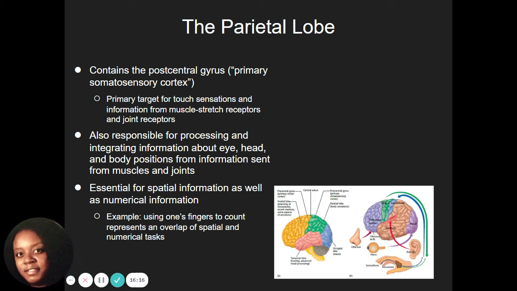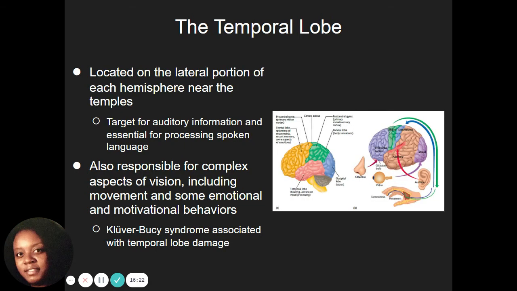It's the primary target for any type of touch sensation or muscle strength. The temporal lobe, which is located here on the sides, is where most of your audition, your ability to hear, takes place. And obviously, if it's damaged, then you could be deaf.